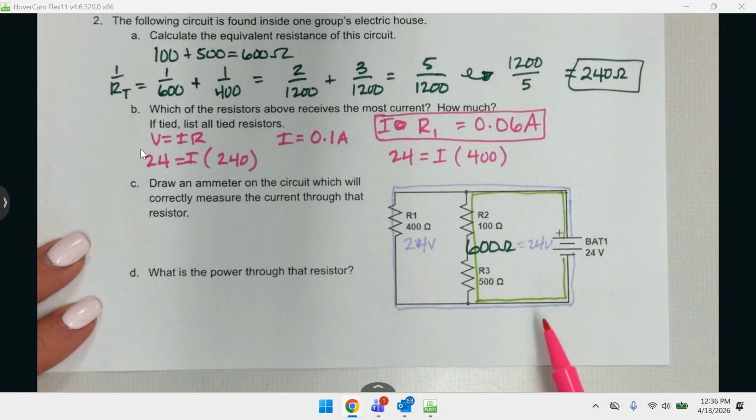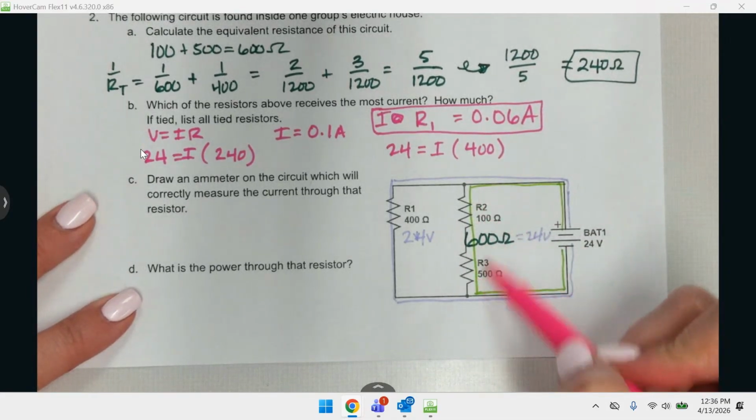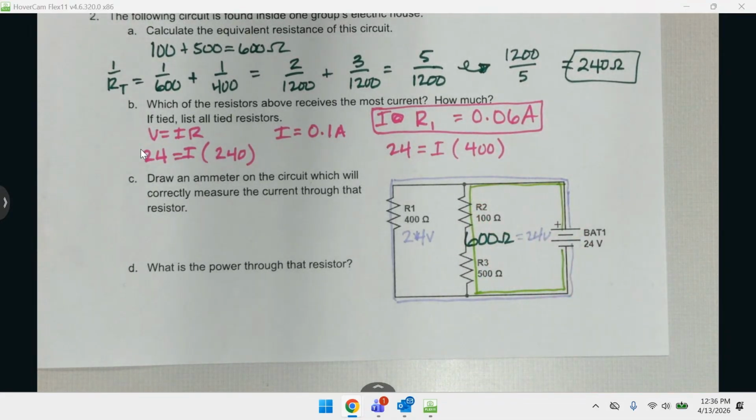The other way you can go about this, if you wanted to figure out the others: these are going to receive the same amount of current because they're both on the green loop. To figure out how much current they receive, you could do the same thing, 24 divided by, sorry, not 400, 600 for that one.